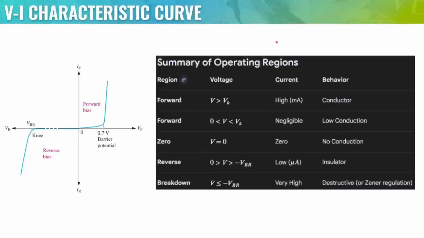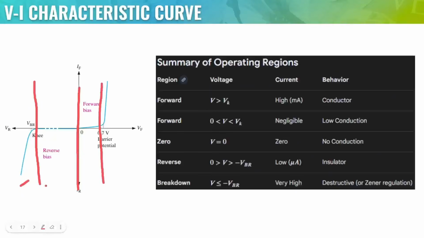So here is a summary of the operating regions I explained earlier in the recap. We have 5 operating regions. From left to right, we have reverse breakdown, reverse bias, zero, forward bias below the barrier potential, and forward bias past the barrier potential.